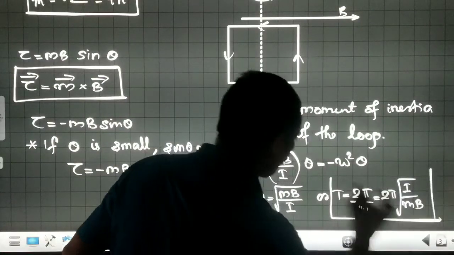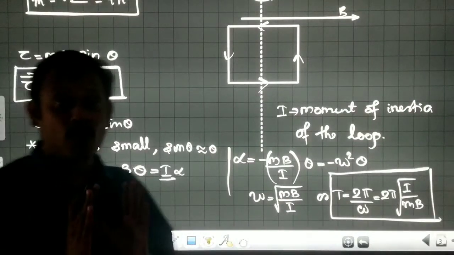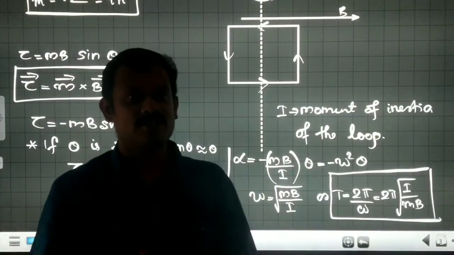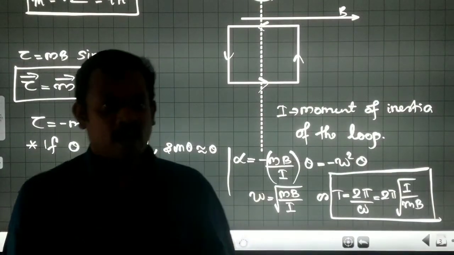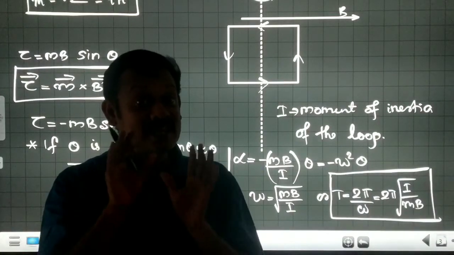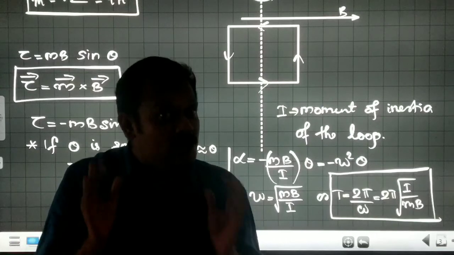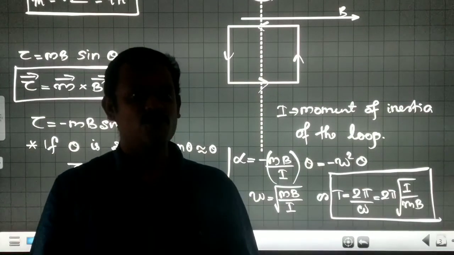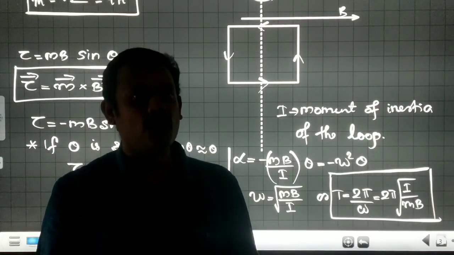This is the expression for the time period of small oscillations of a current loop in an external uniform field. I told you already, a current loop experiences zero net force only in an external uniform field.